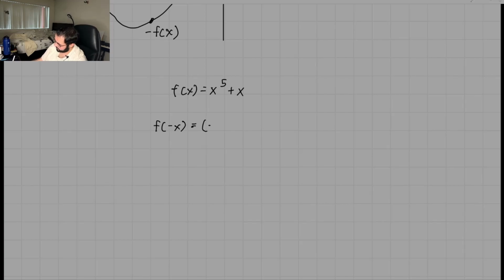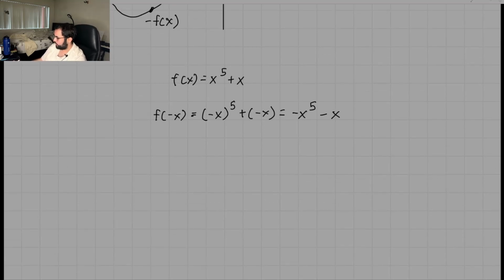So here we have negative x to the 5th power plus negative x. And we know that if we take a negative number and we take it to the power of some odd number, it's just going to give us another negative number. So this is equal to negative x to the 5th power minus x.